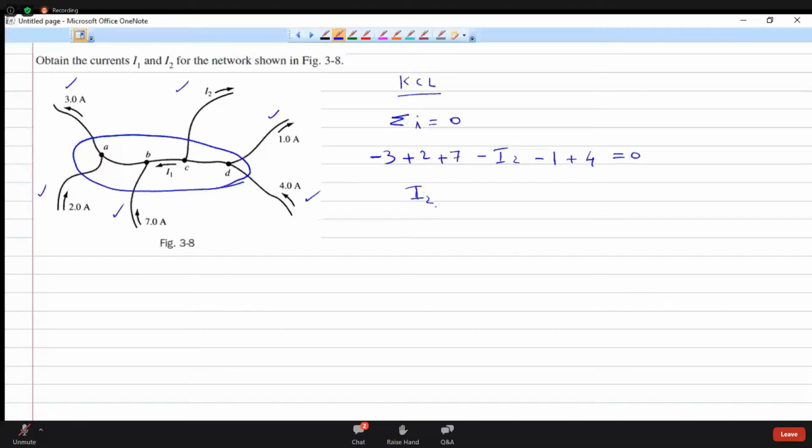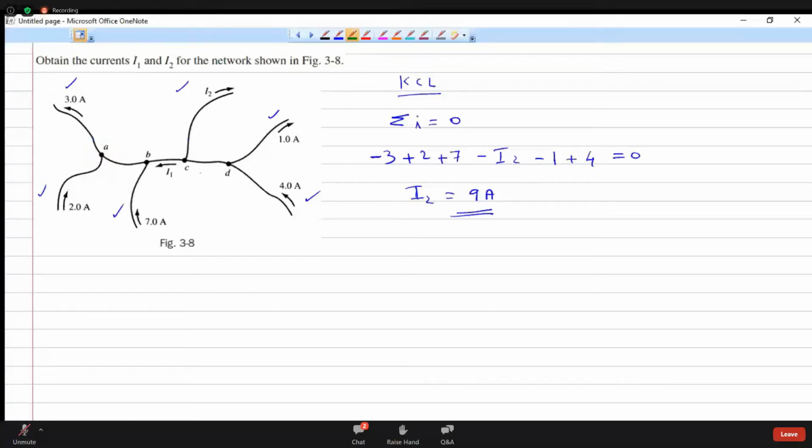If you add up all these, minus 3 plus 2 plus 7 minus 1 plus 4, you get I2 equal to 9 ampere. So you got I2. Now what about I1?